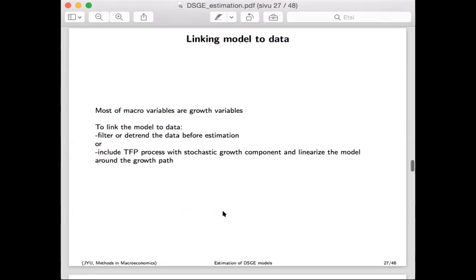And then one can link the model directly to growth variables, and it is even possible to link the model to data that is in log levels and displays growth.